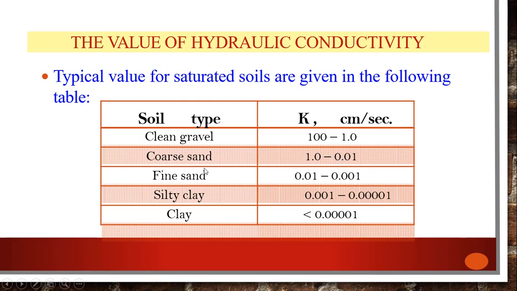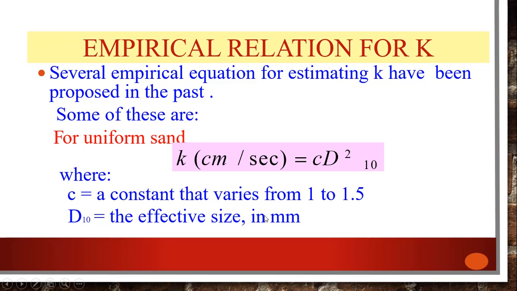And if the soil type is fine sand, permeability will be 0.01 to 0.001 centimeter per second. So likewise, based on the type of soil, the permeability will also vary. The permeability is very low for clay, as you can see in this table.